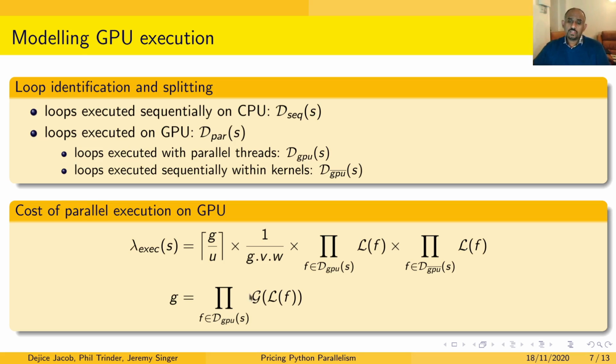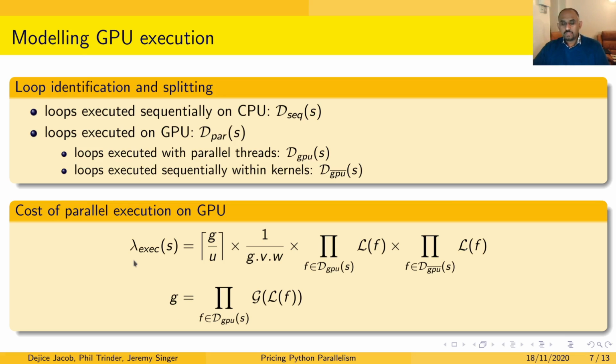The function G will also return the thread block size along a particular axis. The term G will then give us the product of all the number of thread blocks along each axis, and the term G will give us the total number of threads.